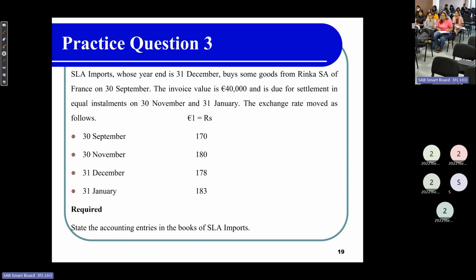Then we need to stop at 12:30 or 12:45. 2:30. Yeah, that's 2:45. Right.